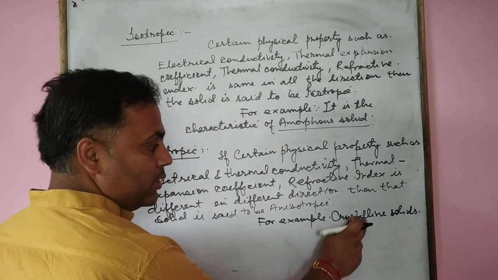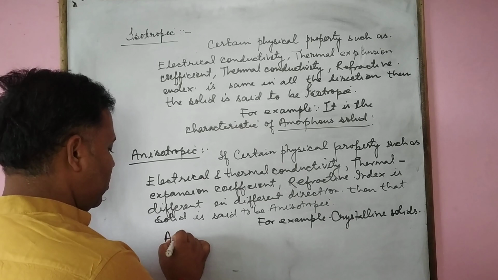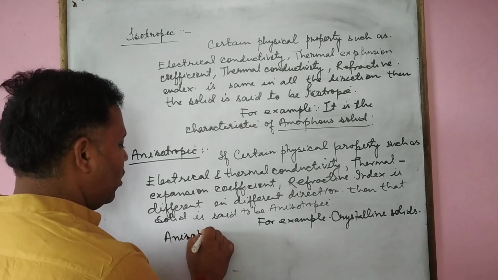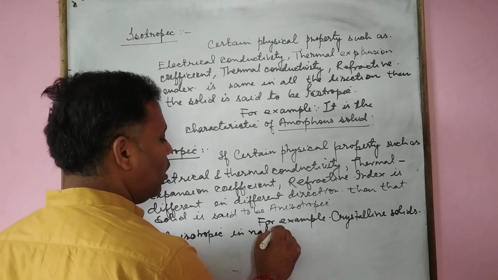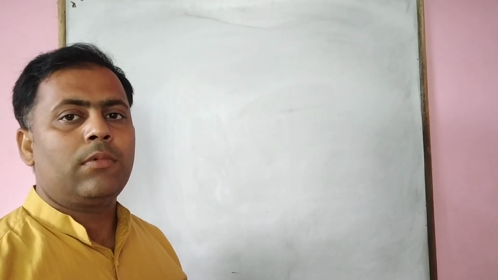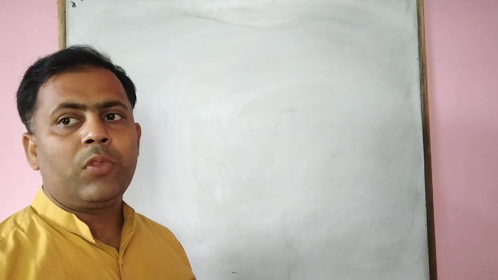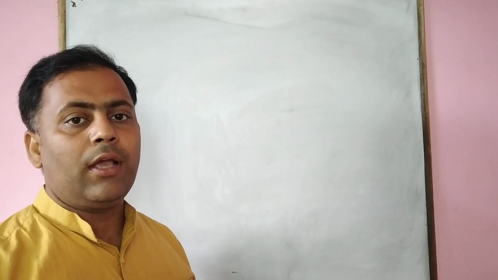For example, crystalline solids are anisotropic in nature. Clear? Let us understand the isotropic and anisotropic property by taking an example.